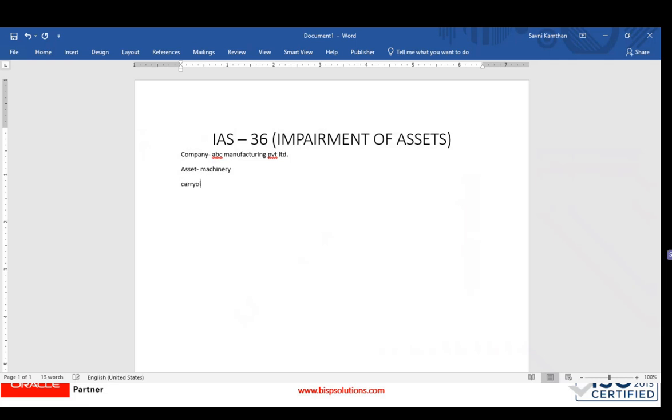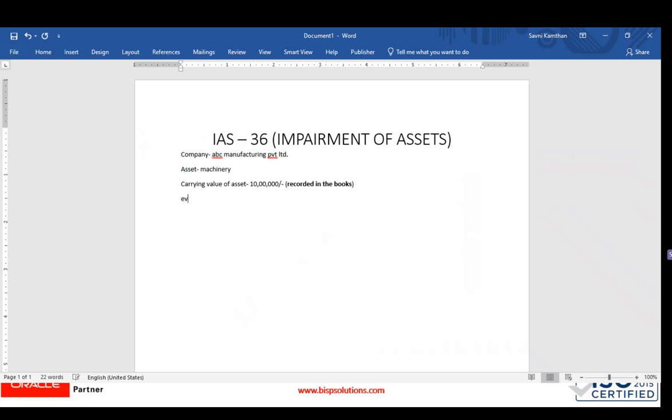They have recorded the asset's carrying value as 10 lakh rupees in the books. This is the carrying value which we have written in our books.